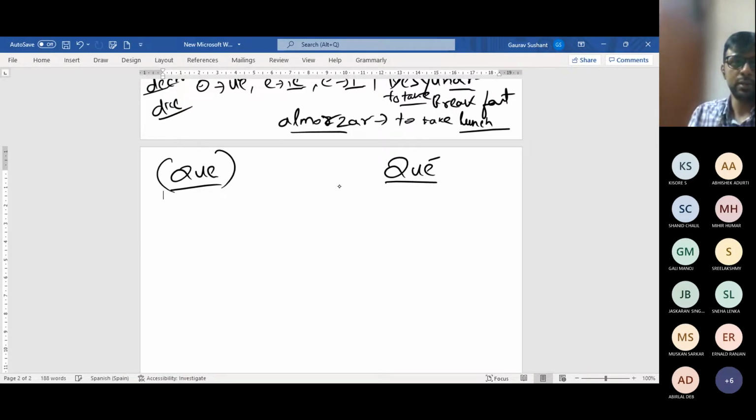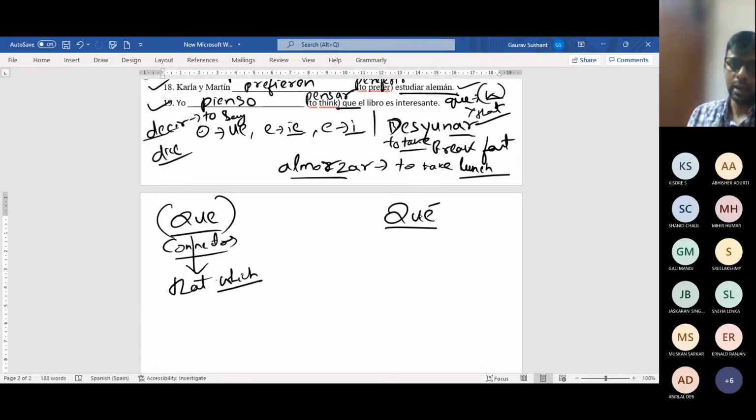This one is basically a connector, and it will refer to the meaning that. It will come in between a sentence as a connector. I hope you are understanding what I'm trying to say, like what we have used just now. And this qué is actually an interrogative pronoun. I mean, it's like a question.